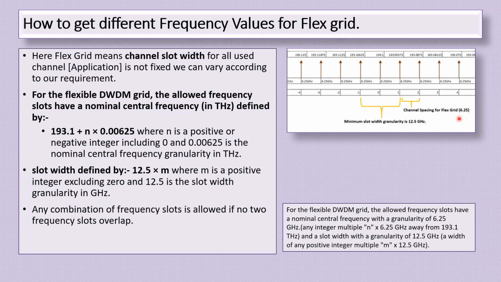This is the benefit of the flex grid, that the channel spacing is divided into smaller values. Basically, in flex grid the channel spacing is fixed at around 6.25 gigahertz, but there is freedom in choosing the slot width for any particular frequency. We will discuss this in detail, so moving to the next slide.